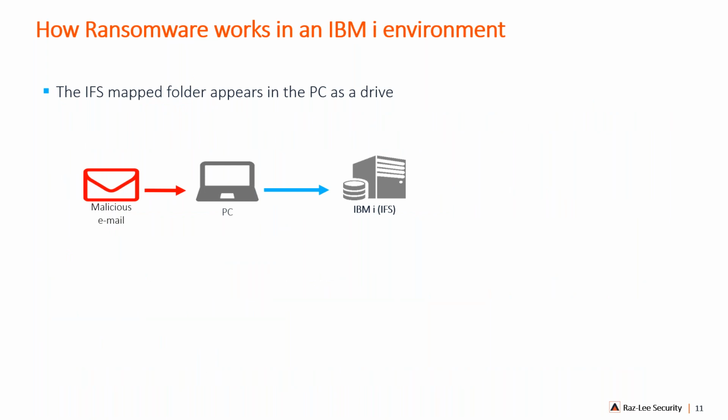Somehow, maybe by a malicious email, which is the more reasonable case, but it can also be by other ways, say by putting in a USB drive, or by a file which was sent to us somehow, a malicious exe file is there. Somehow that exe file starts to run.